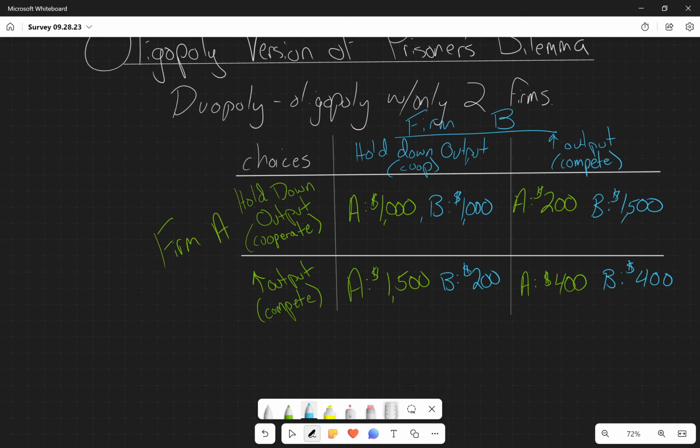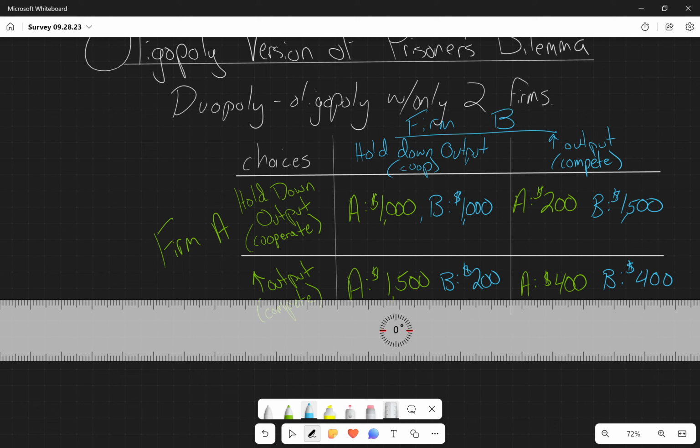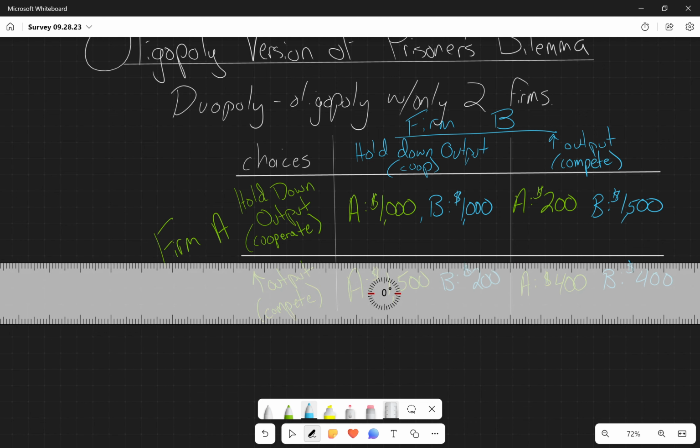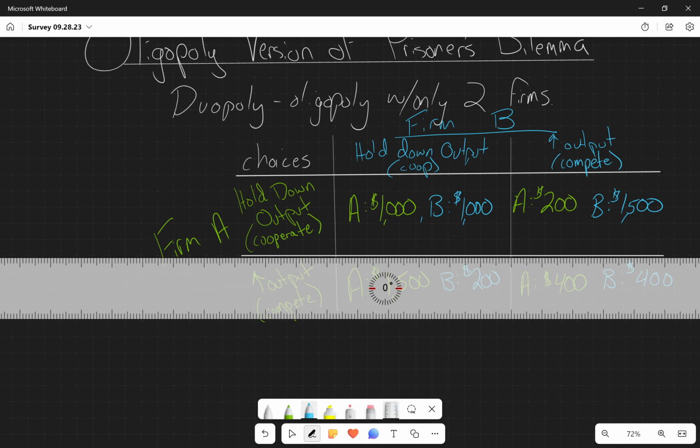So again, just like we did before, we're going to ask ourselves, what would we do if we were firm B and firm A had already decided to hold that output down? If we're firm B, are we going to decide to increase the output and compete and get $1,500? Or are we going to decide to hold output the same, cooperate, and get $1,000?